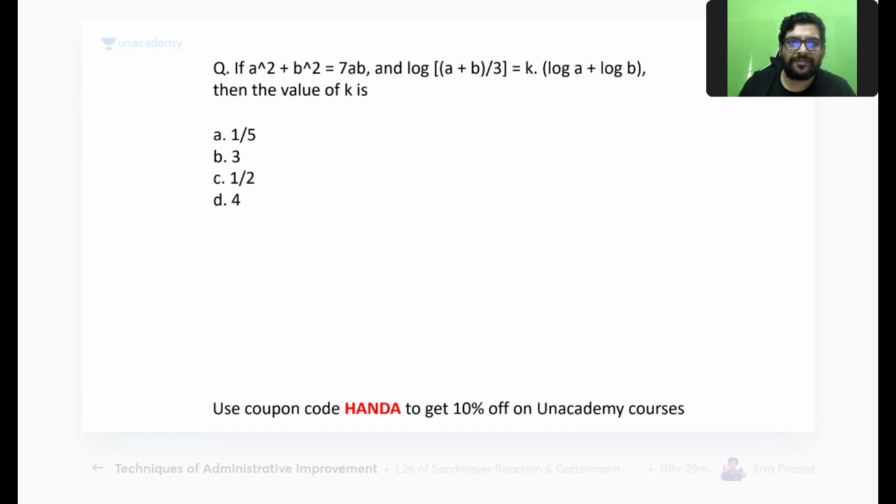How about this one? How will you solve this? A square plus b square is equal to 7ab, and log of (a plus b) by 3 is k times (log a plus log b). So what are you going to do in this case?